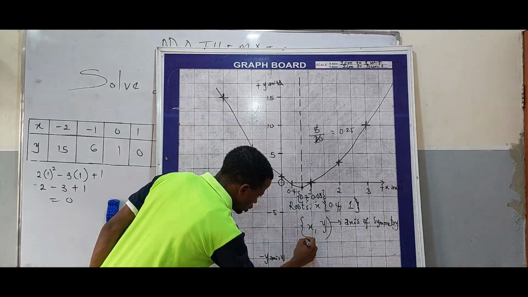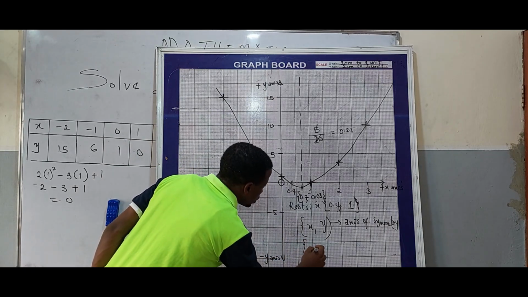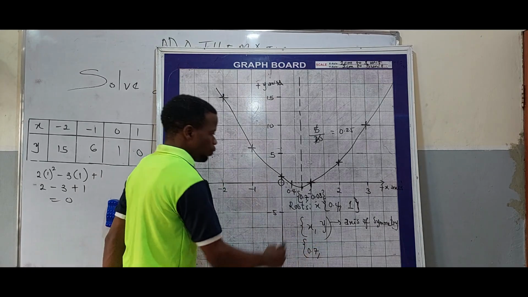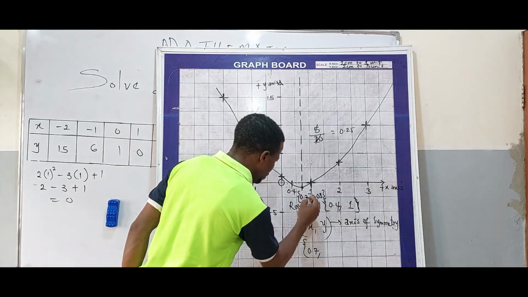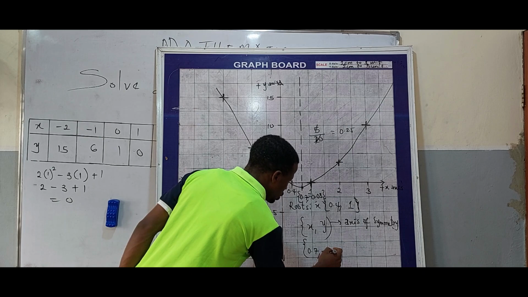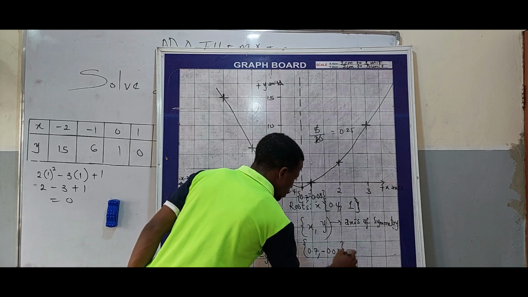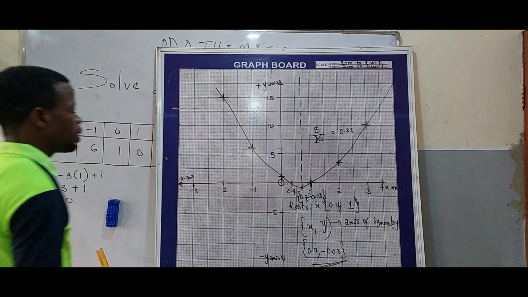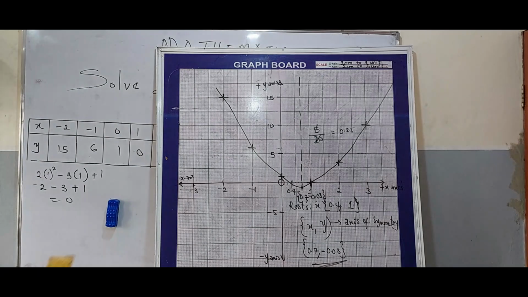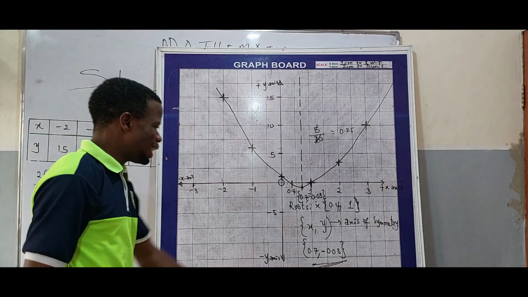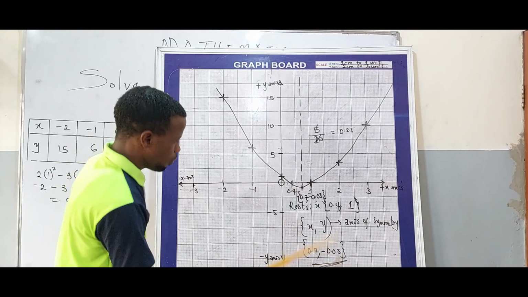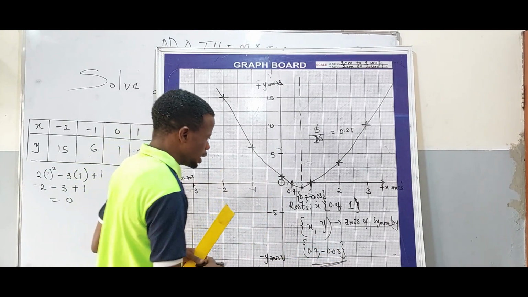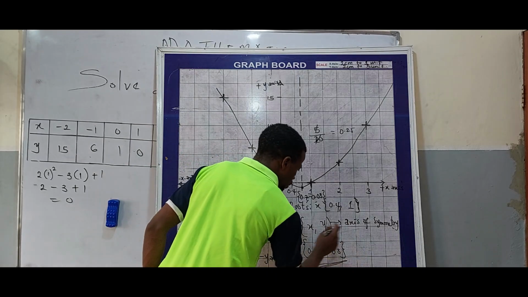I got it to be 0.7 for x, trace to x, then trace to y. I got it as minus 0.03. So we have done everything I have to do on this graph. Don't forget, another person can get this to the 0. I mean the axis of symmetry and the vertex.